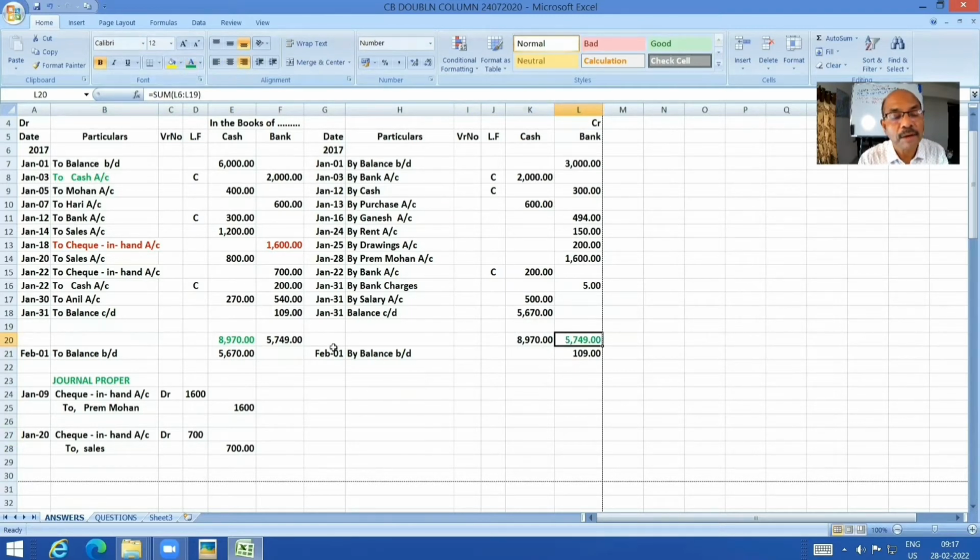Total it. I put the same total here. I found the difference 109. This side, to balance carried on. You know that closing balance of an account is denoted under balance carried on. This side means to balance carried on. Credit side means by balance carried on.